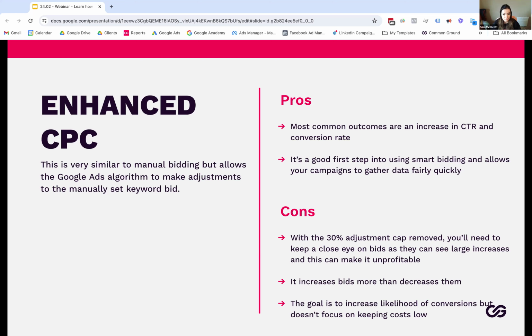With this, it also often increases bids more than it decreases bids for you. But then again, if the click-through rate is higher and the conversion rate is higher, is it targeting a higher quality audience? The goal is to increase the number of conversions, but it doesn't focus on keeping the costs low. So you need to keep an eye on it and review it, and not just forget about it, because it still does have its teething issues.